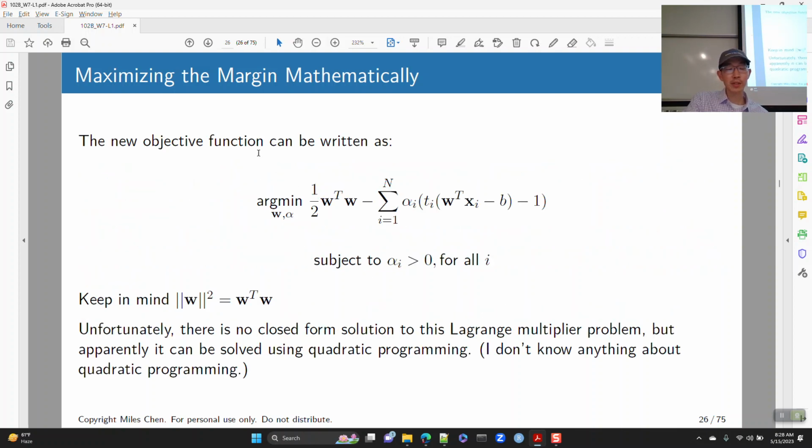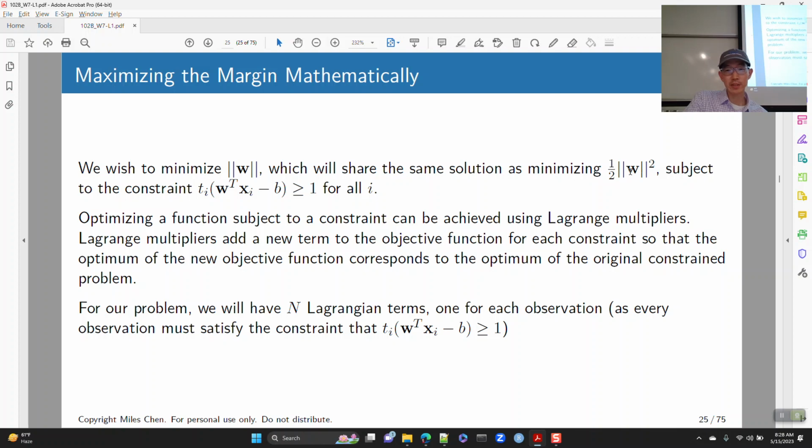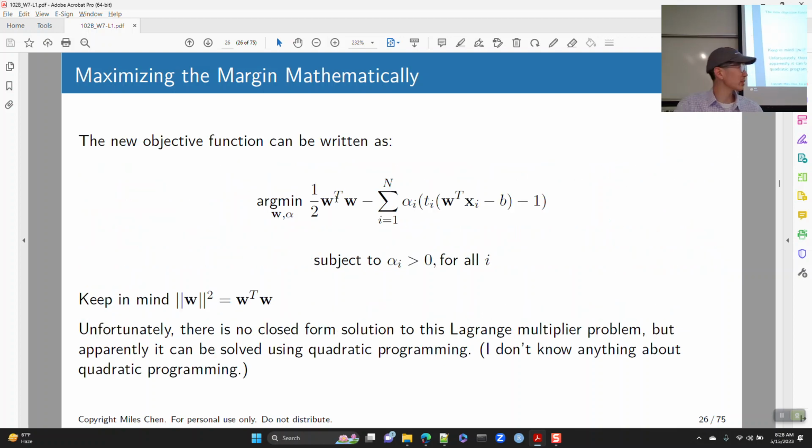So our objective function is to minimize this quantity, which can be expressed as W transpose W, subject to a whole bunch of Lagrange terms. This is the Lagrange multiplier with this constraint.